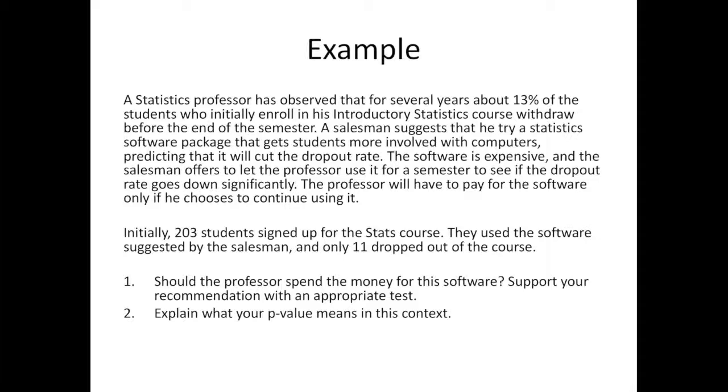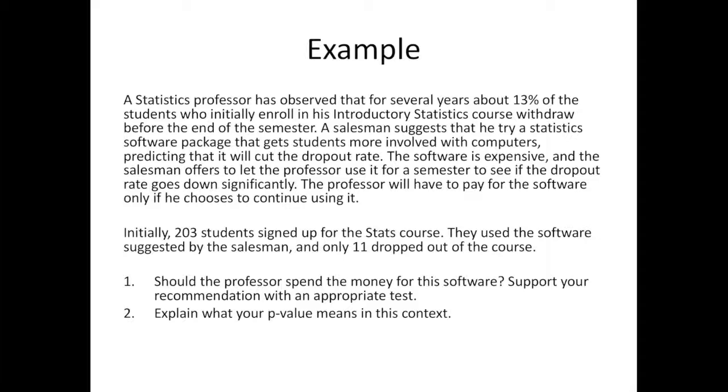Now, what does the p-value itself mean? We always have to remember the p-value is talking about the likelihood of getting our results or results more extreme, given that the null hypothesis is assumed to be true.